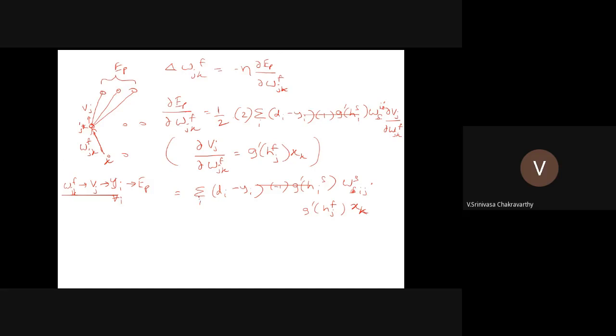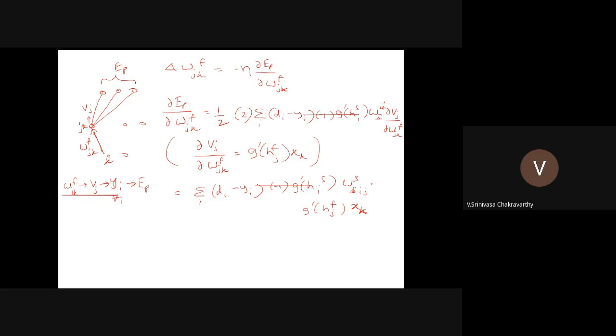Now, if this is the final answer, something seems to be wrong, because we said that the backprop algorithm was discovered by several people. Paul Werbos discovered it in the 70s, and then Parker, LeCun, and all these guys discovered it in the 80s. So the point is, what we have done to work out the backprop rule took us maybe 20 minutes, two half sessions or maybe half an hour.